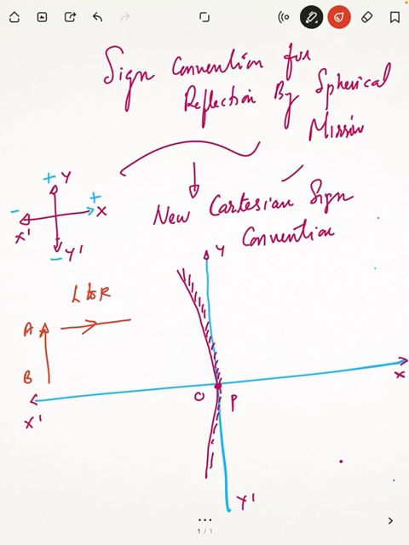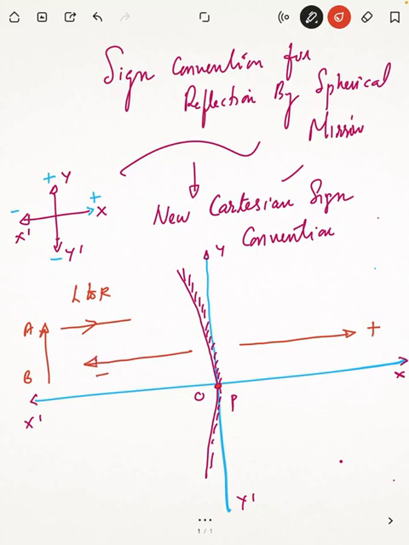Next point, all the distances are to be measured from the pole. Those distances measured toward the right side from the pole, that means toward the right side from the origin, are taken as positive, and those distances measured toward the left side from the pole are taken as negative.